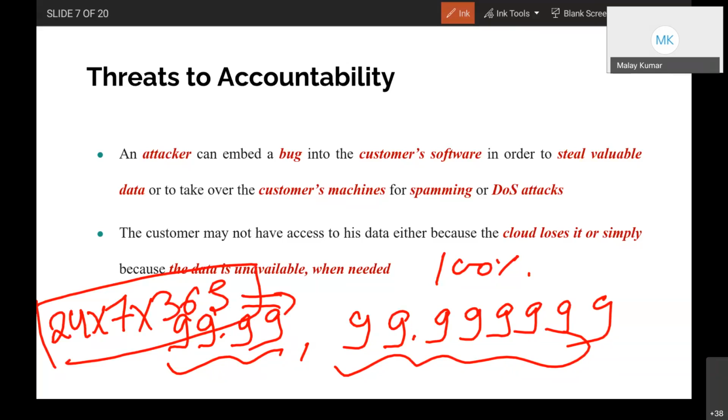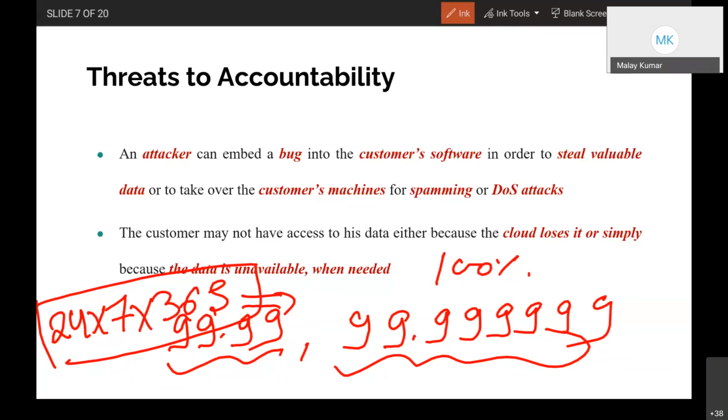If a cloud outage happens even for an hour, hundreds or thousands or millions of applications executing on their machines become unavailable, and the data stored on their servers also becomes unavailable. Such things happen.